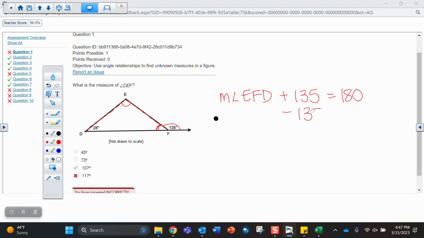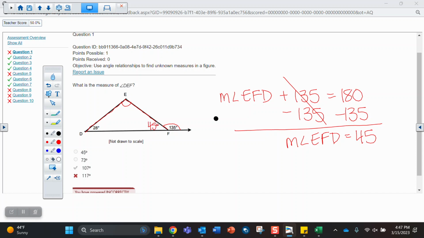So I'm going to subtract 135 from each side, and I'm going to find that the measure of angle EFD, that M just stands for measure, and then there's the angle symbol, and 180 minus 135 is 45. So now I'm going to come back in here, and I'm going to mark this angle measure at 45 degrees.